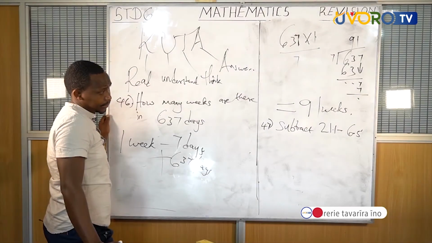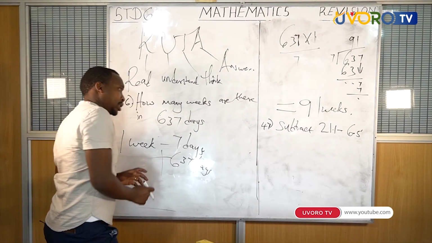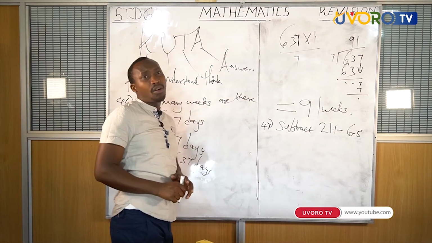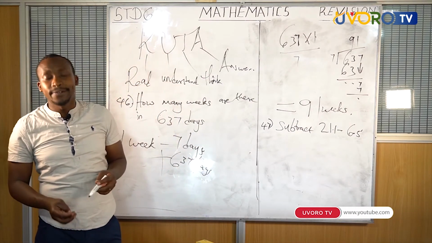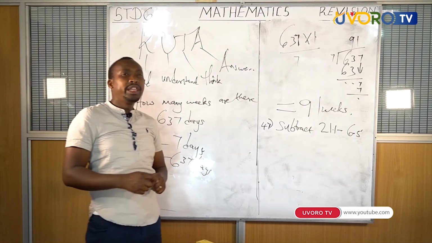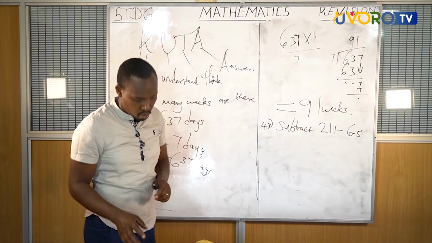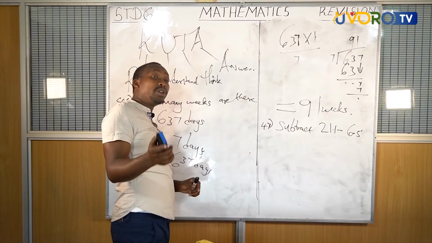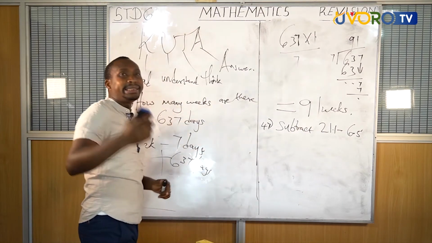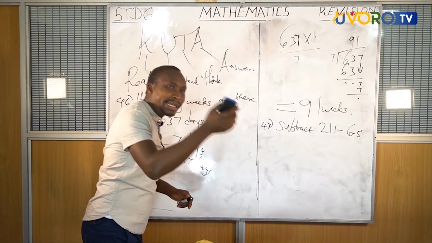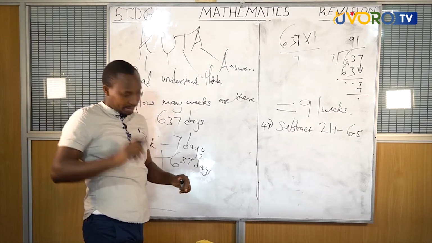The formula says ROUTER. R for reading. We have already read. U for understanding. You need to align the numbers according to their right place value. There is a difference between tens and tenths, hundreds and hundredths.